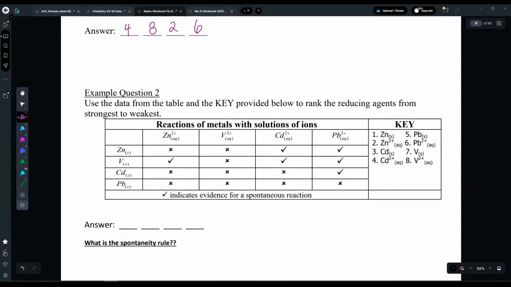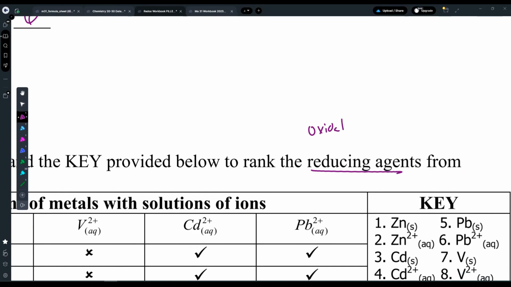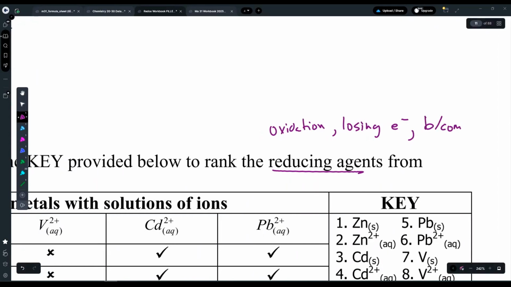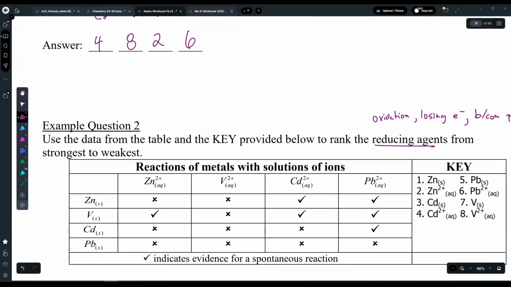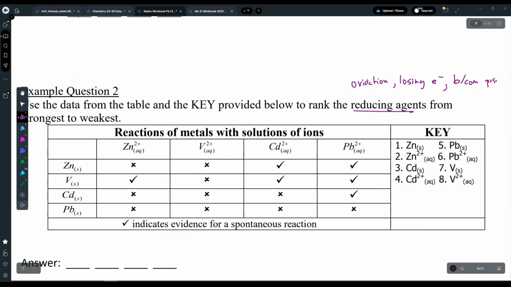All right, example number 2, we've got to rank the reducing agents. So reducing agents, they undergo oxidation. So they like losing electrons. So these are going to become more positive. Okay, so with that, that's how you can figure out our reducing agents. So let's look at zinc. So zinc starts at 0, and then we have it as a 2+ charge.